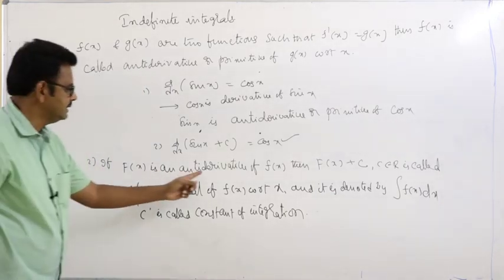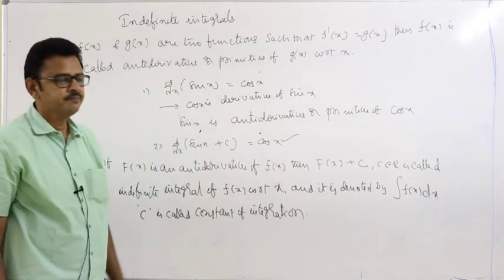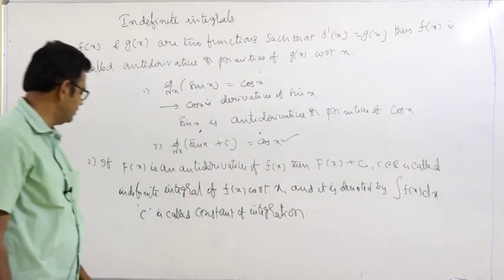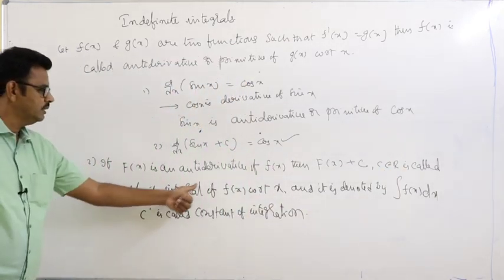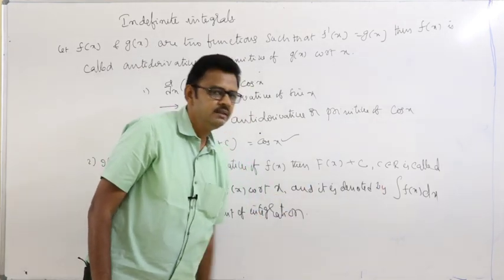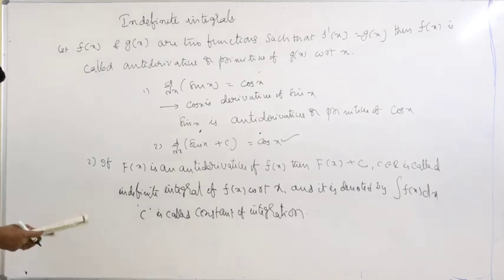F of x is an antiderivative of small f of x. Then F of x plus c, where c belongs to R, is called indefinite integral of f of x with respect to x, and it is denoted by integral f of x dx, where c is called constant of integration.